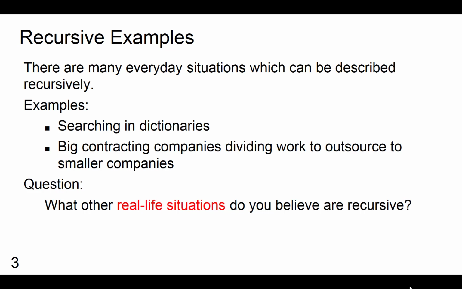Another example is a big project. In order to finish the big project, the big contractors need to distribute the contract to smaller contractors. Recursion is the approach of divide and conquer, where we divide the problem into smaller identical problems.